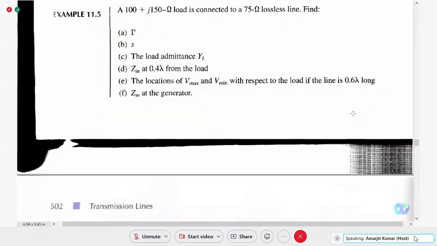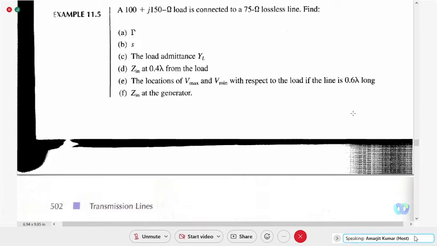Good. So how to calculate the input impedance at 0.4 lambda from the load? From the load means towards the generator, which means we have to move in the clockwise direction.